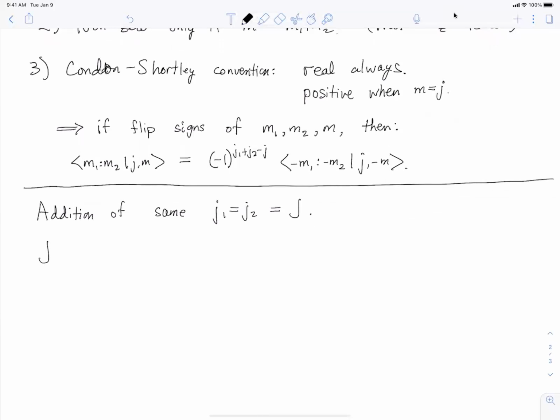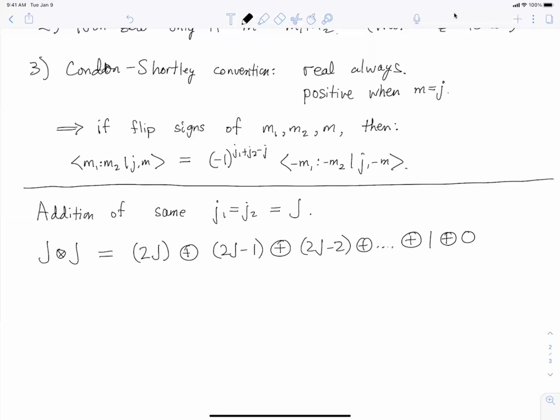If I do the tensor product in the product basis, the largest thing I can get is 2J. The next largest is 2J minus 1. The next largest is 2J minus 2, and I keep going until I get to 1, and then finally 0. So they're all integers on the right, integer angular momenta, even if capital J was, say, 1/2.